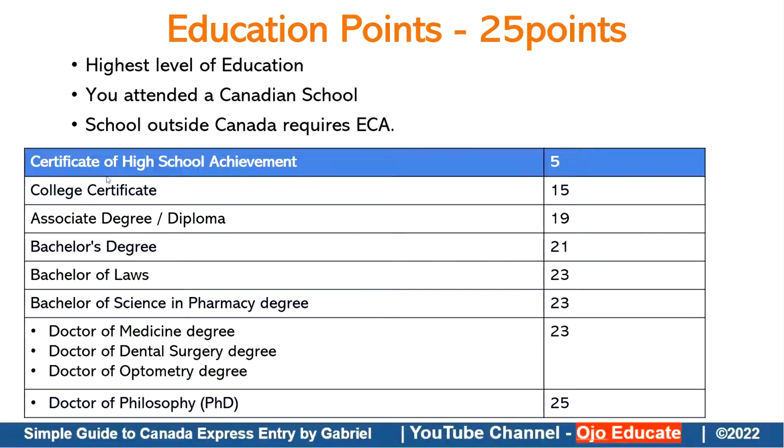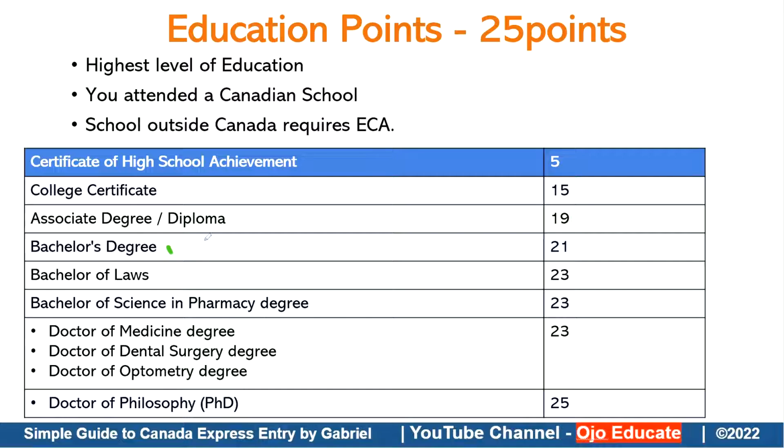So for education assessment, a certificate of high school achievement, that is what is referred to as secondary school in some countries, high school in North America, is 5 points. A college certificate is 15 points. An associate degree or diploma, like a 2-year program, is 19 points.